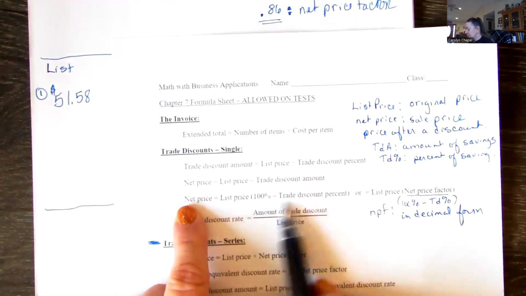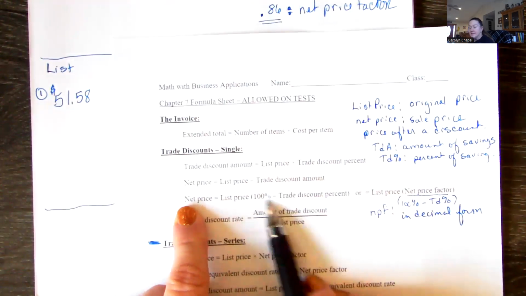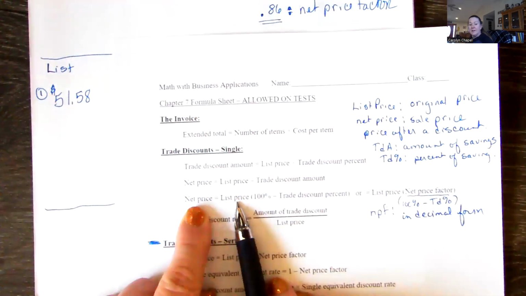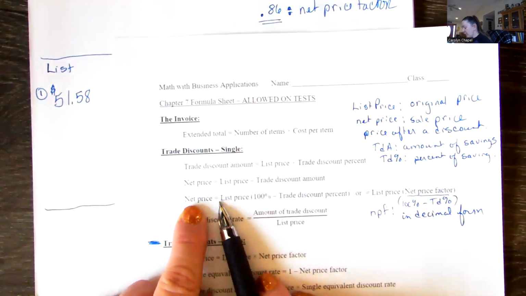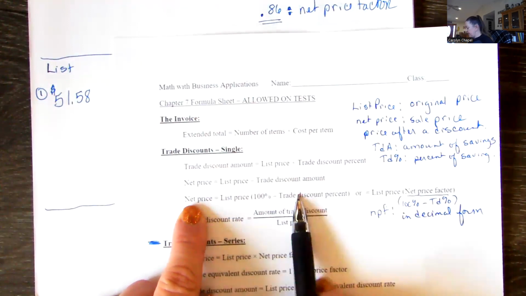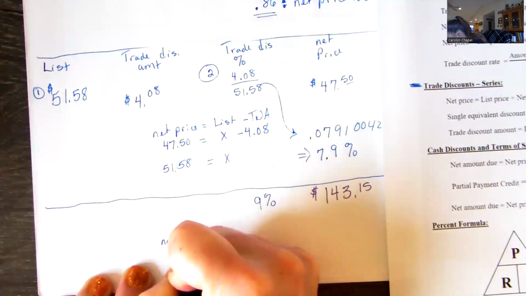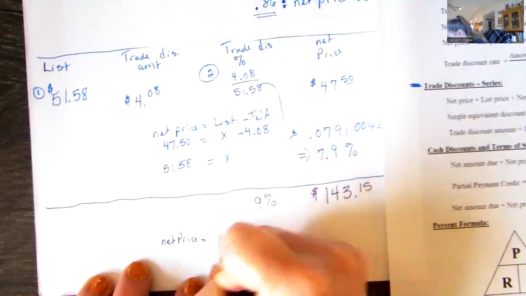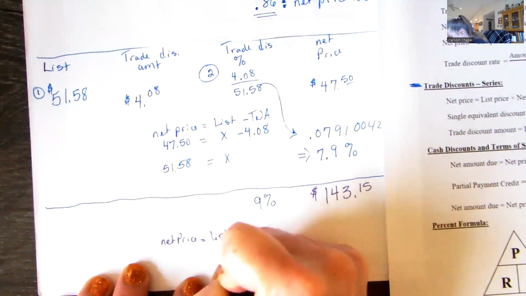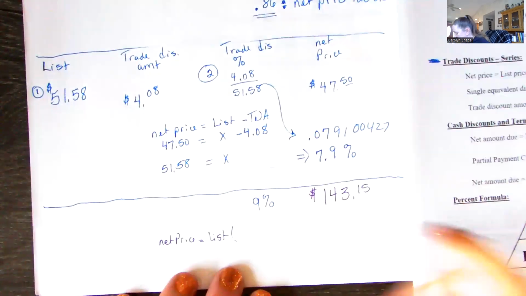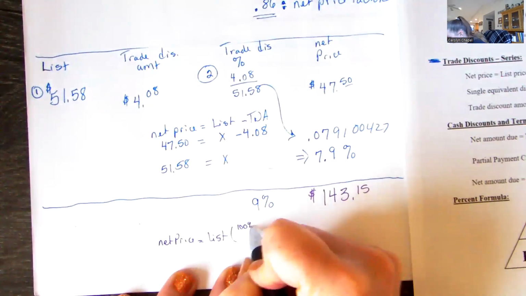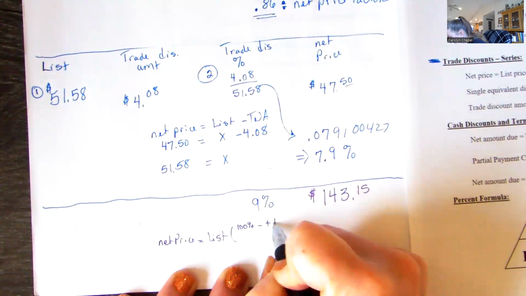Okay, I am going to do that little 100% minus. So we're going to use that the net price is equal to our list price times that 100% minus the trade discount percent.